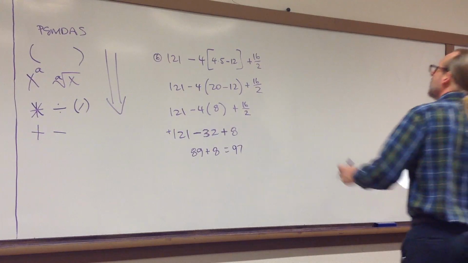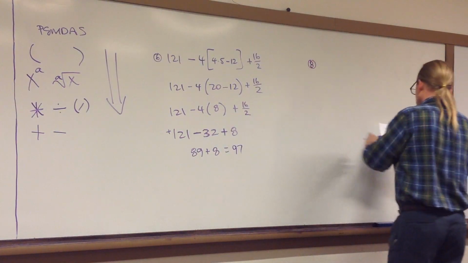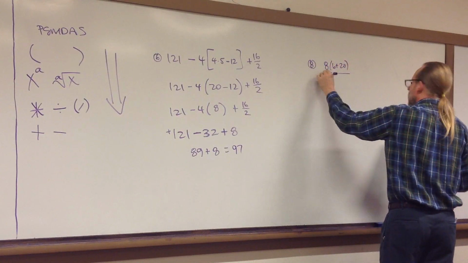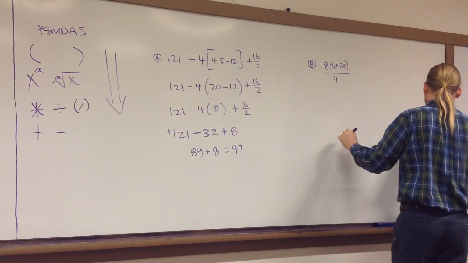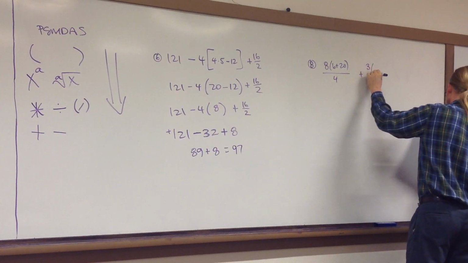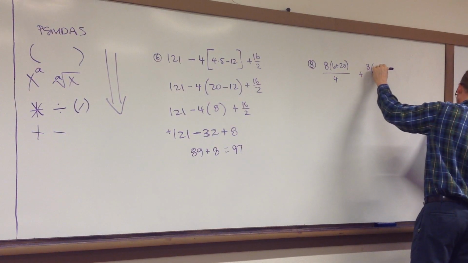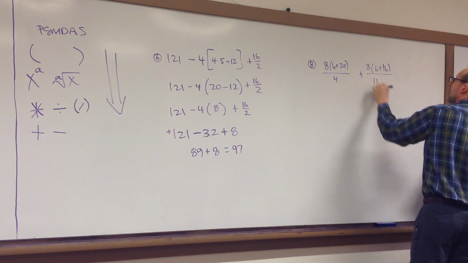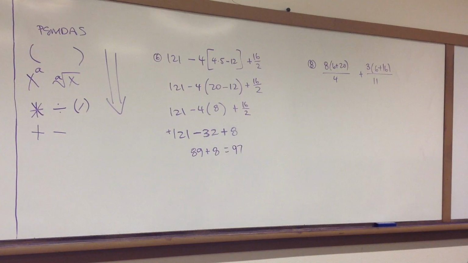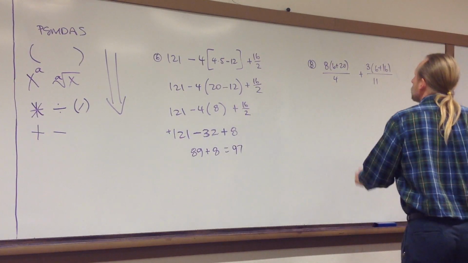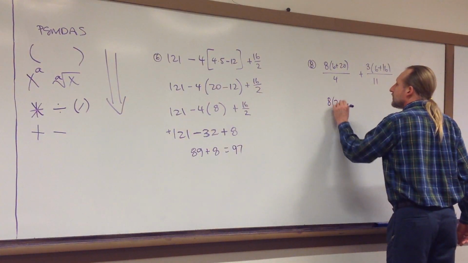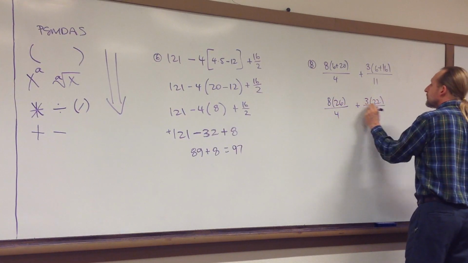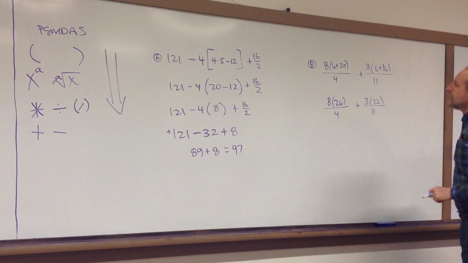All right, problem 8. What do we have here? 8 times 6 plus 20 over 4 plus 3 times 6 plus 16 over 11. Okay, so let's work in the parentheses first. So this will be 8 times 26 over 4, 3 times 22 over 11.